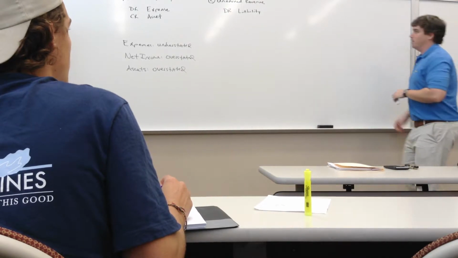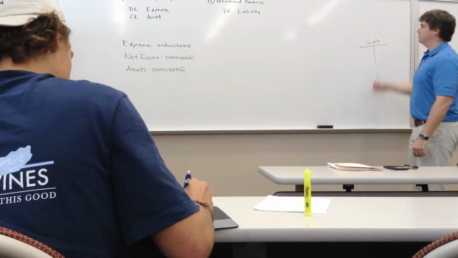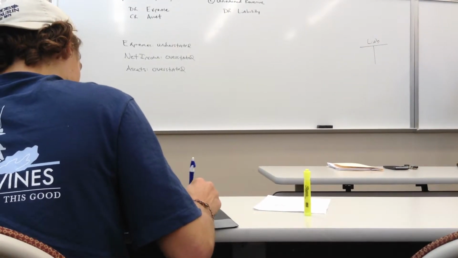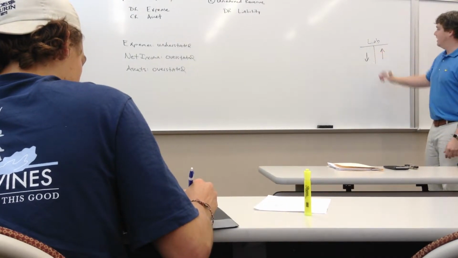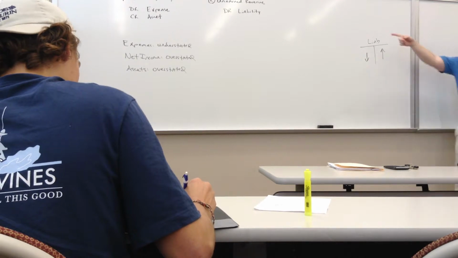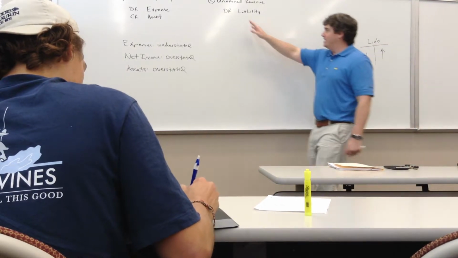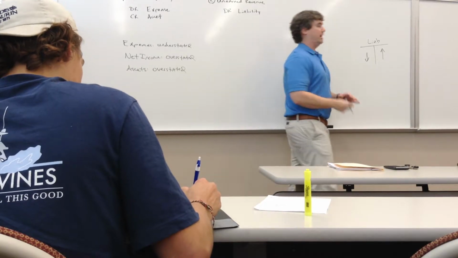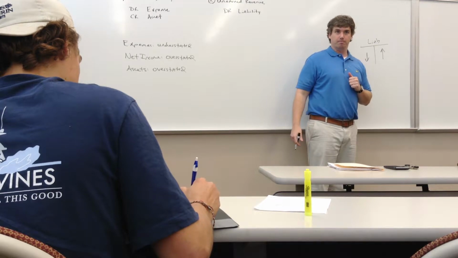All right, so typical liability accounts, of which our unearned revenue or unearned rent is one, are increased on the credit side and decreased on the debit side. So again, it comes back to basics. If I debit a liability, I'm decreasing the liability.